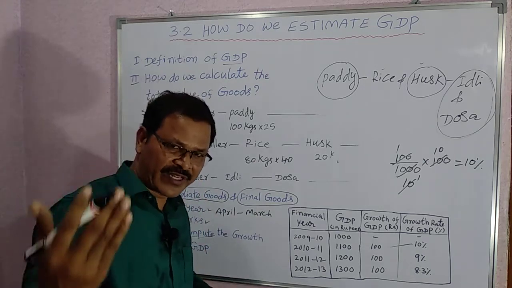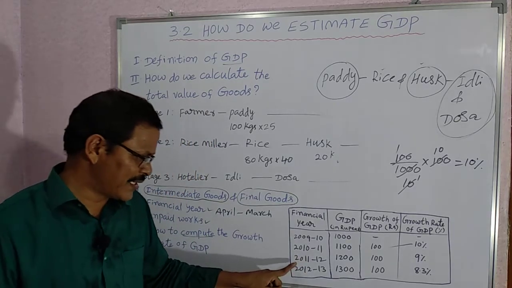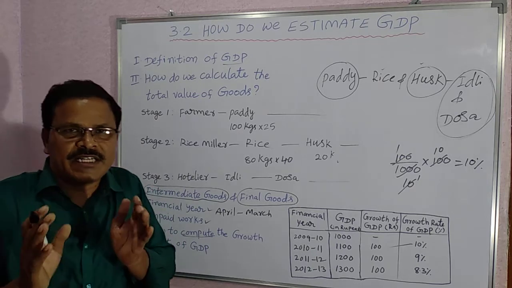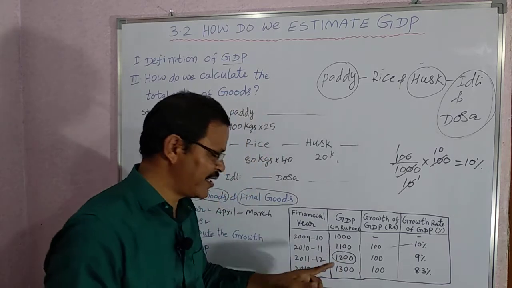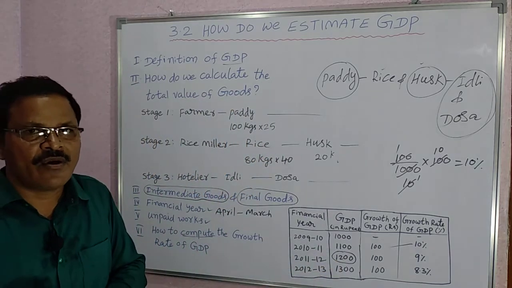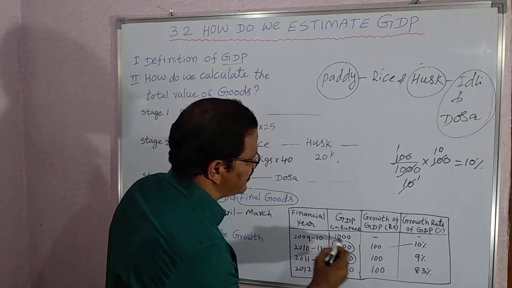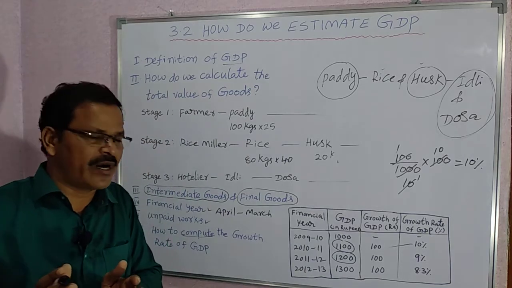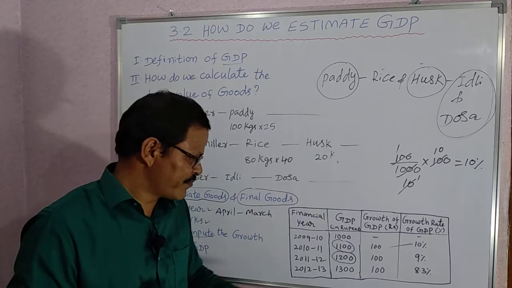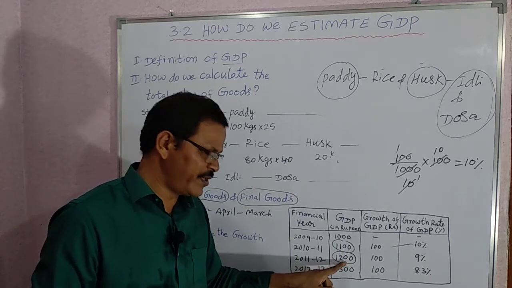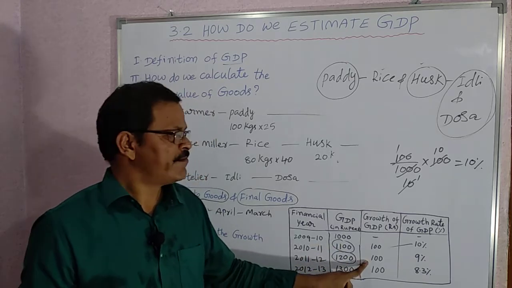If you take the third financial year, 2011-12, what is the GDP in this year? 1,200 rupees. What is the GDP of the previous year? 1,100 rupees. What is the difference between these two years' GDP? 1,200 rupees minus 1,100 rupees, the difference is 100 rupees.